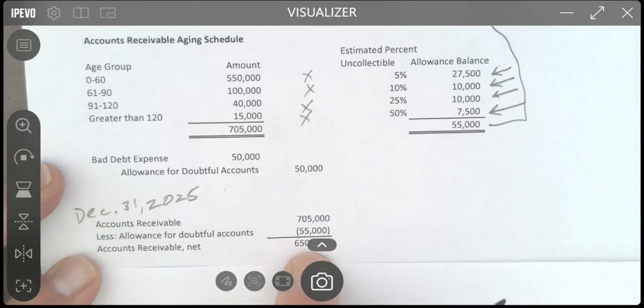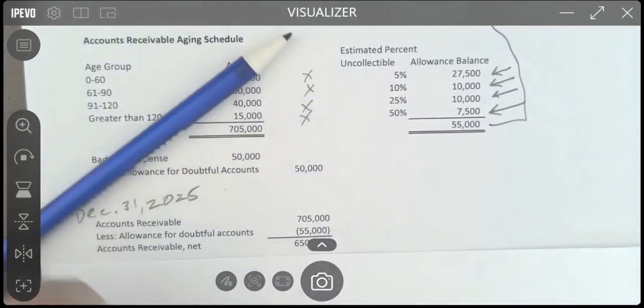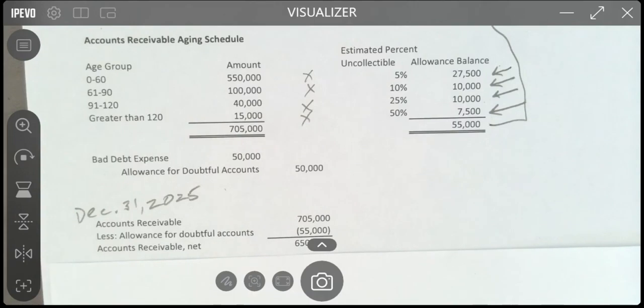So accounts receivable net is $650,000. And that's accounting for accounts receivable and then estimating bad debts, both in a rather easier method, percentage of total, as we did in the Porter Consulting case, or in this case, using the aging schedule. That is what you'll see more frequently at your companies and your firms.